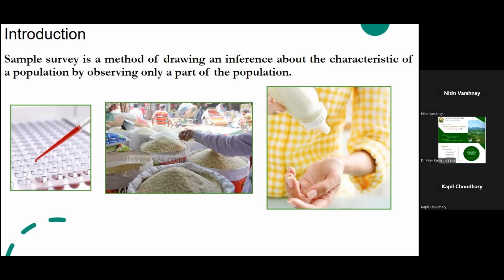Just like when we want to purchase rice, we take a handful of rice from a packet and check the quality, and decide whether we have to purchase it or not. A third example is in a household, where a mother wants to check the warmness of milk. So she puts a few drops of milk on her palm to check the warmness of the milk. That is sampling, which we use in our day-to-day life.